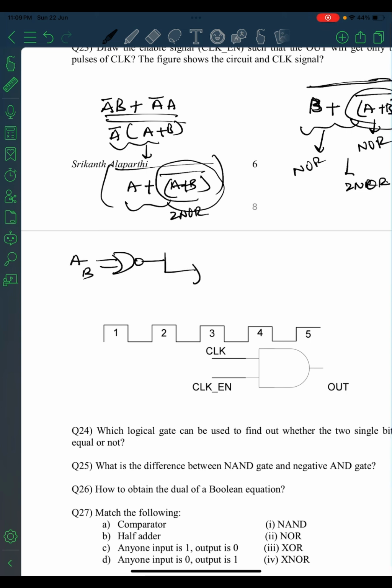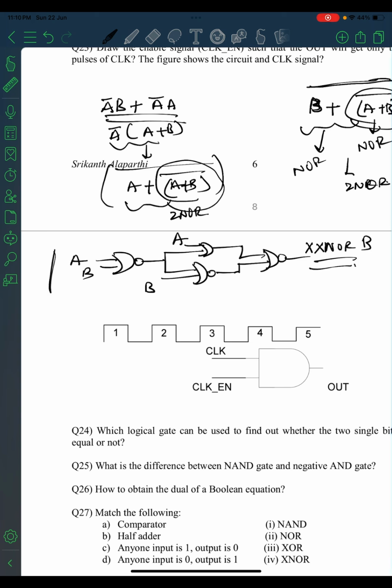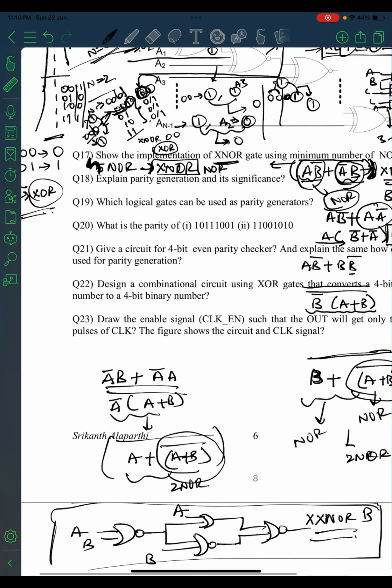This is going to B. This is going to A. Now these two are going to the final NOR, and this gives the XNOR of A and B. This is the answer for this question, similar to what we have done in the case of XOR by using NAND gates. This is what this question is.